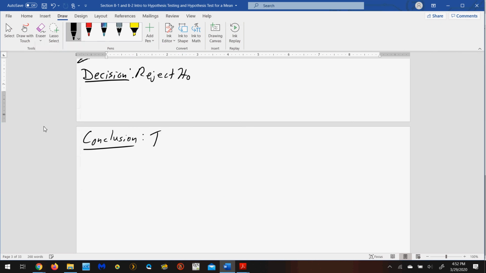So it says, there is sufficient evidence to warrant rejection of the claim.